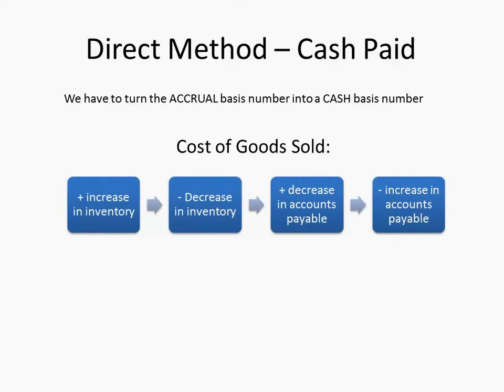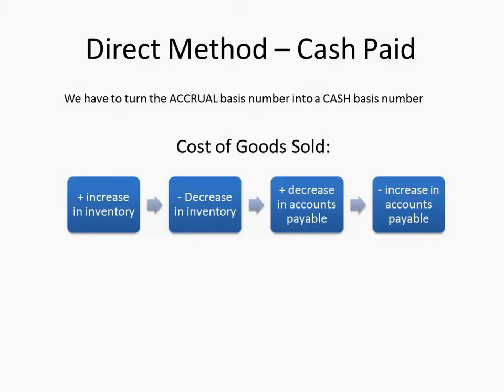However, if you say, what's your cash paid for merchandise, you're adding any increase in inventory, but if you didn't actually pay it, if accounts payable went up, that means you didn't actually pay maybe for that inventory. So you have to subtract any increase in accounts payable or add any decrease in accounts payable, because it could be that you paid something that was outstanding from a prior period.